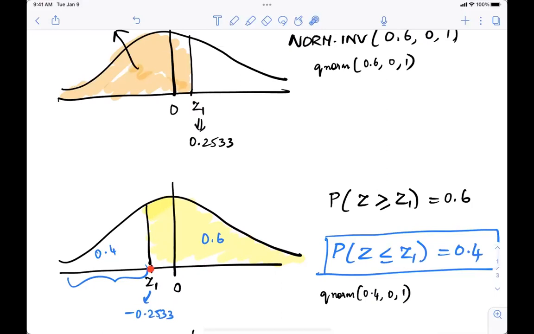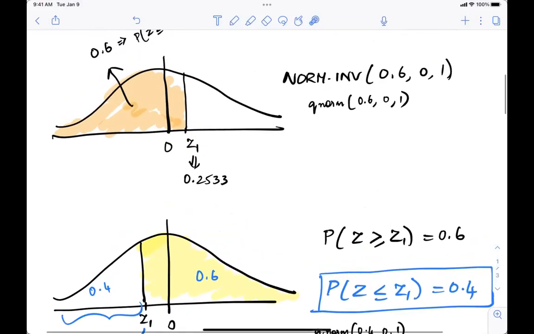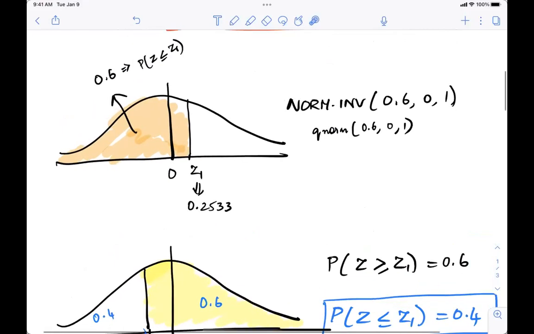So if the area to the left of minus 0.2533 is 40%, and if I take an equidistant measure here of Z1, the area to the right of that point should be the same as this region here, meaning the area to the right of that point has to be 0.4, which we saw in the previous case when we solved for the earlier problem. When we measured Z1 such that 60% of it was below, naturally 40% of it was above.